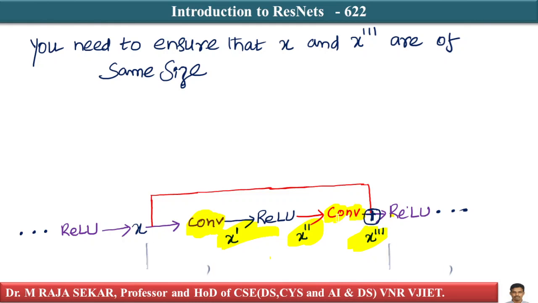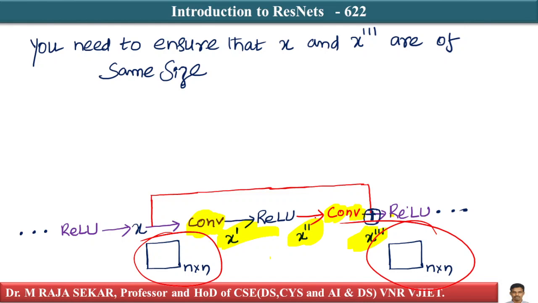Let me assume this is an image of n cross n. If this is an image of n cross n, your output also needs to be an image of size n cross n.